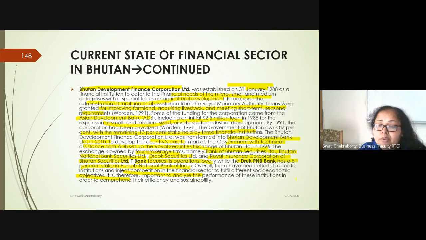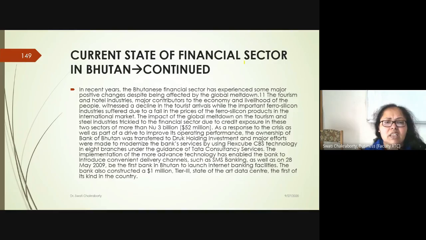So it's very important to analyze the performance of these institutions in order to have a total idea about their efficiency and sustainability. In recent years, the Bhutanese financial sector has experienced some major positive changes despite being affected by the global meltdown.